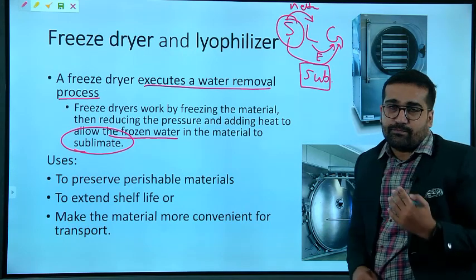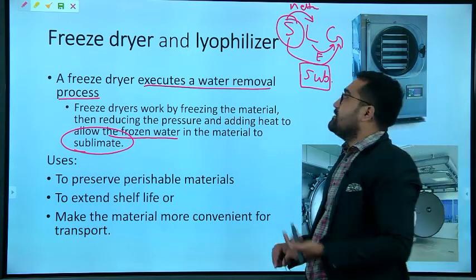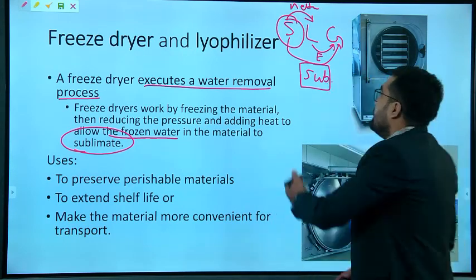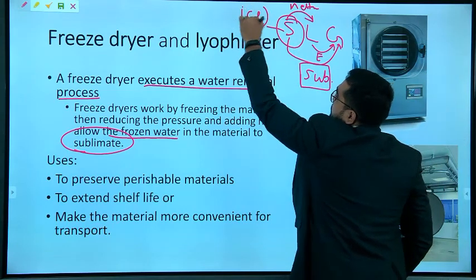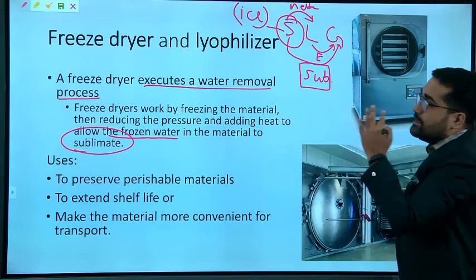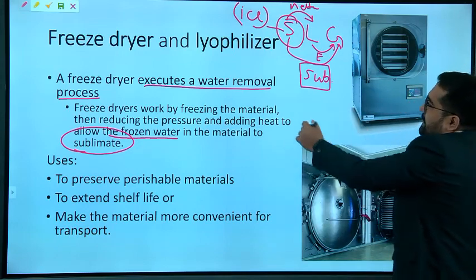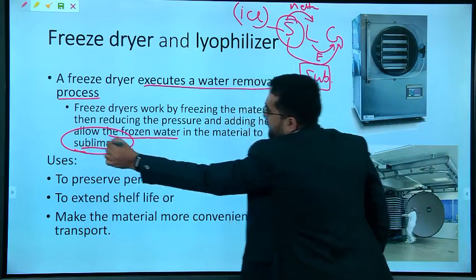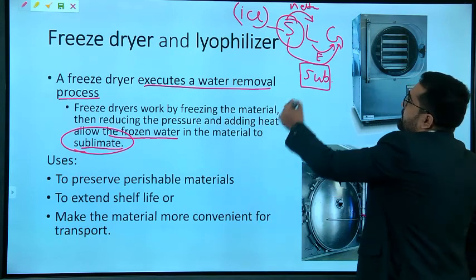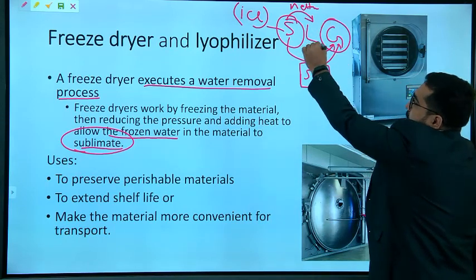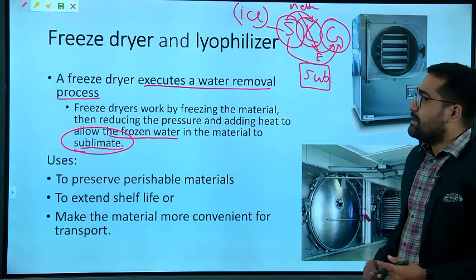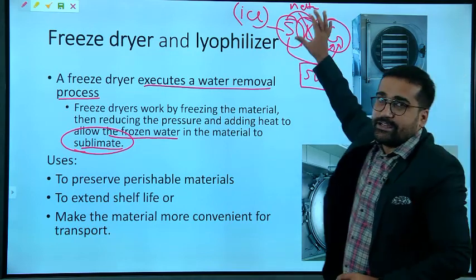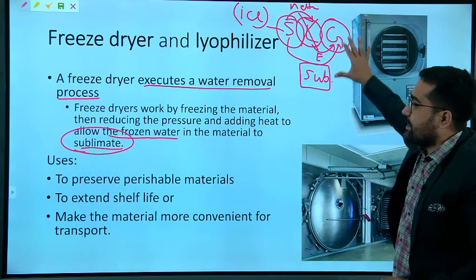We convert all the water present inside a food material to the solid form, which is ice, and then with the help of sublimation, we evaporate all the water into gas. We do not go to the liquid stage. So, this is what we are eliminating, and this is what retains the structure of the product in freeze drying.